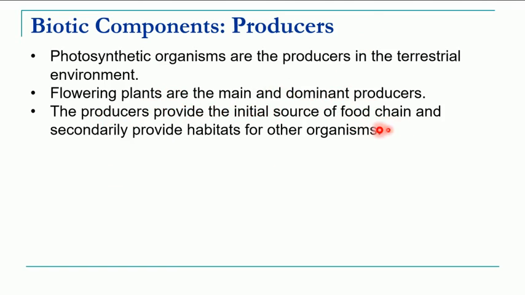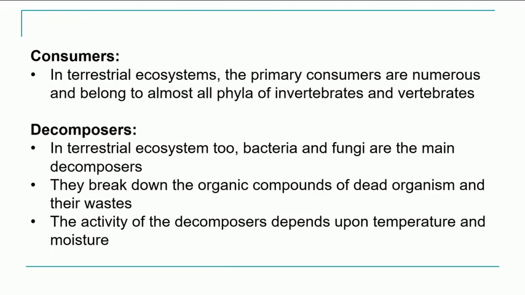In the next lecture, we are going to study this food chain. Each organism is dependent on another organism for its food, and that forms what is called a food chain. But the important food is produced by the producer, on which other organisms can survive.